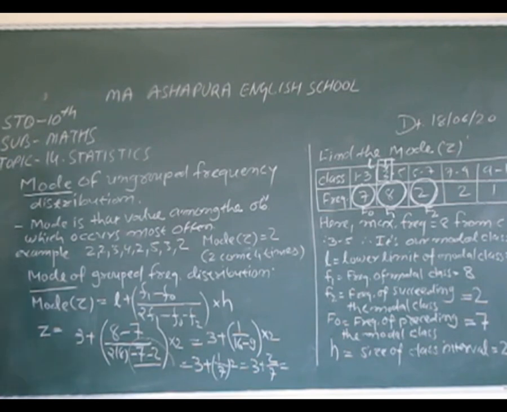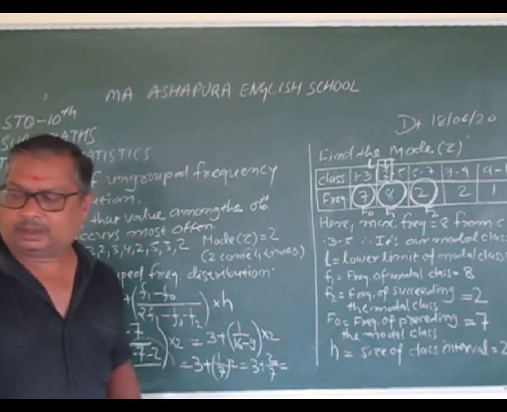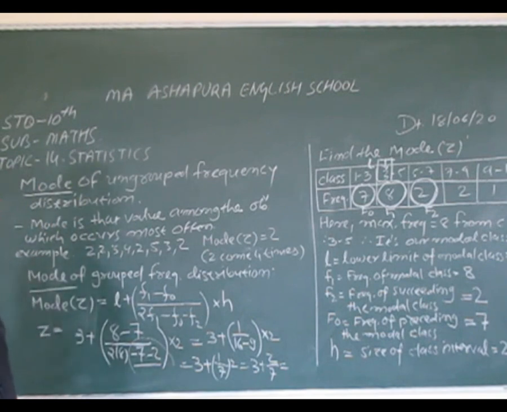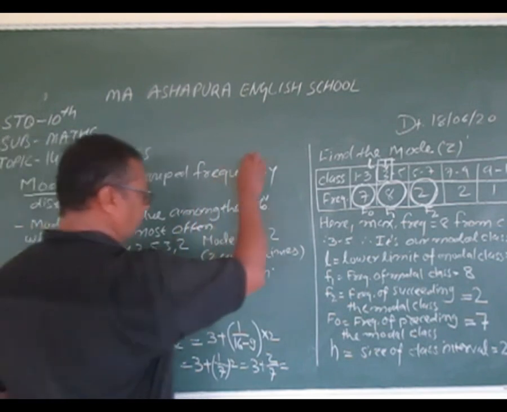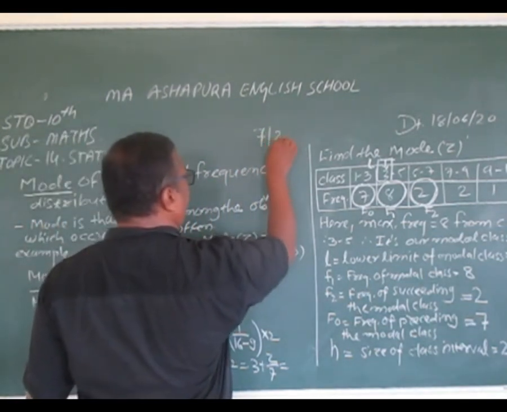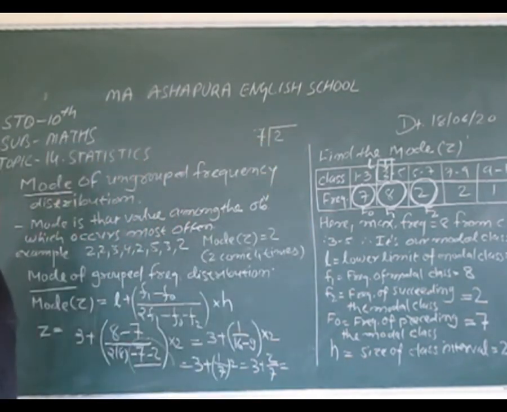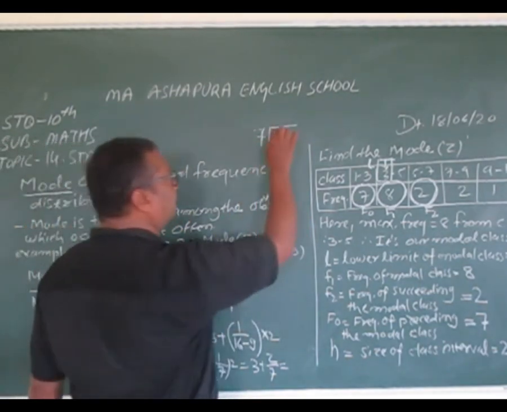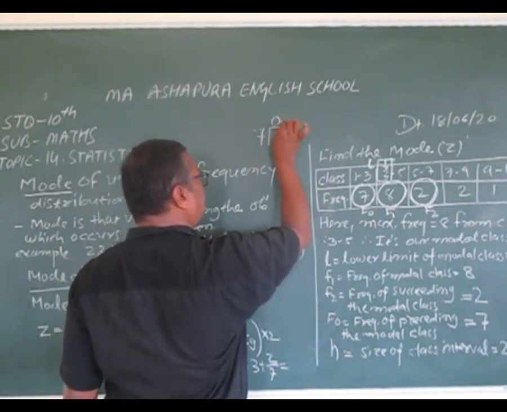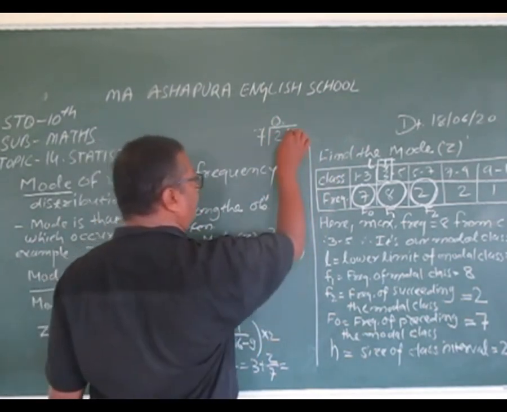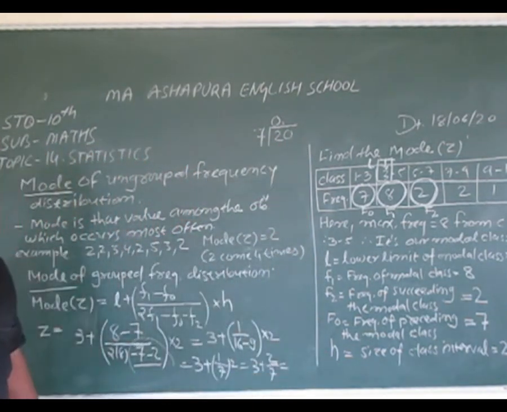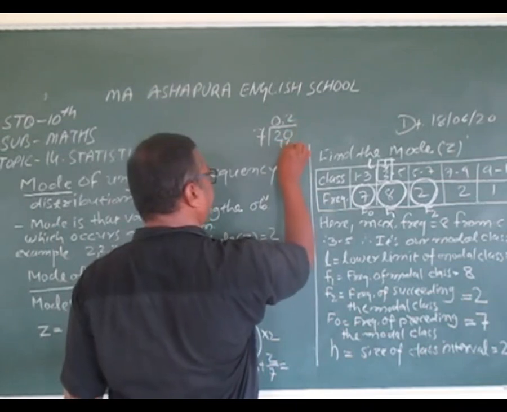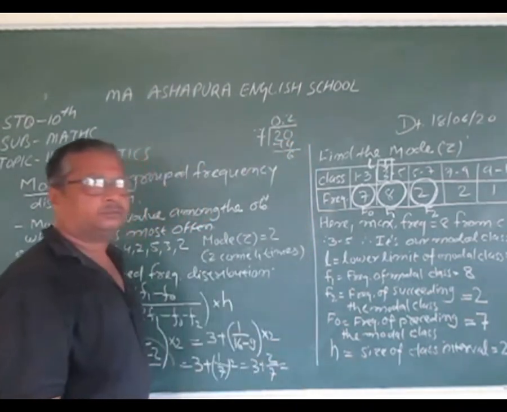Now here we simplify 2 by 7 by long division. Look here, 2 divided by 7. First division is not possible, so take 0 point and now add a 0 after 2 and start your work. 7 2s are 14, 6 remainder.